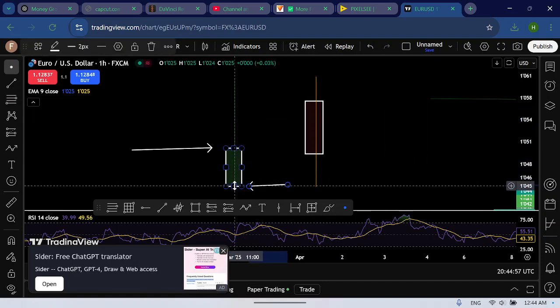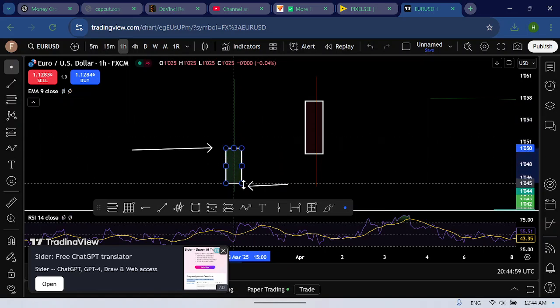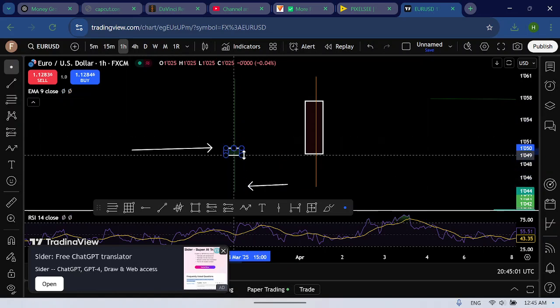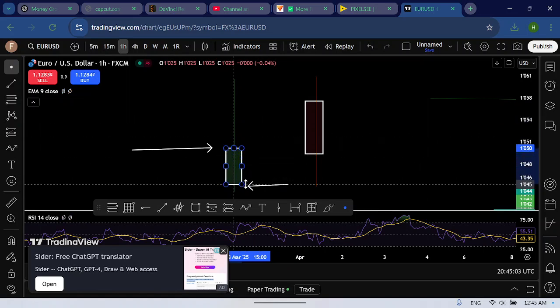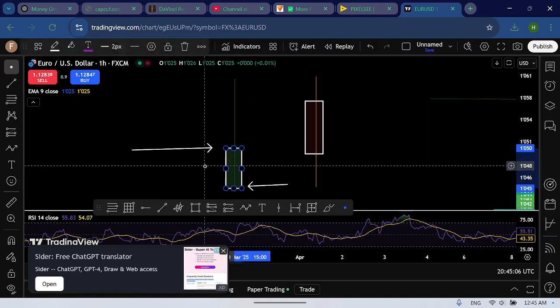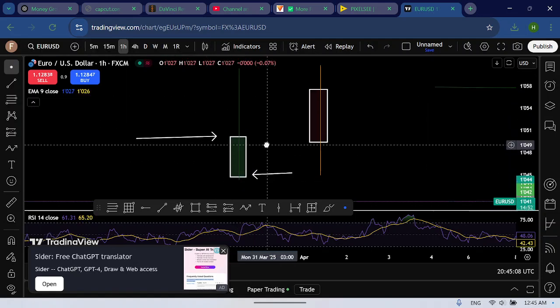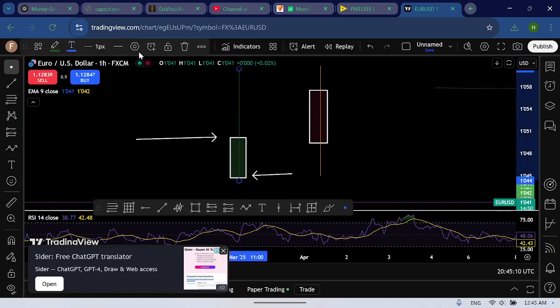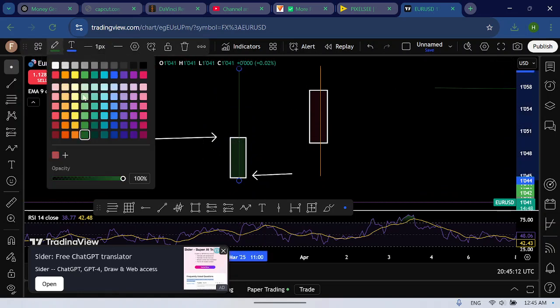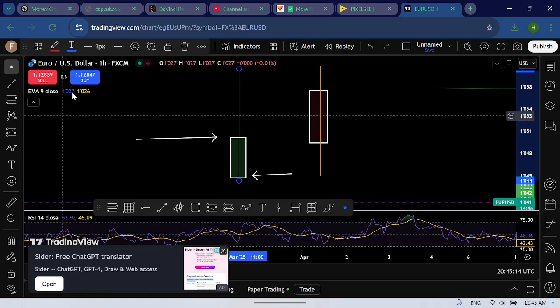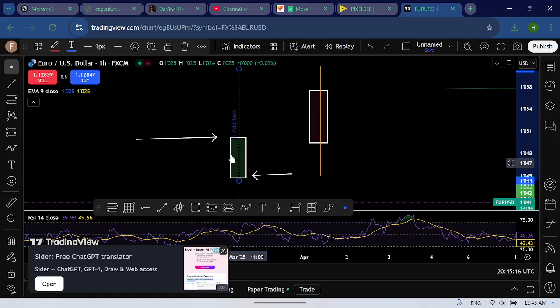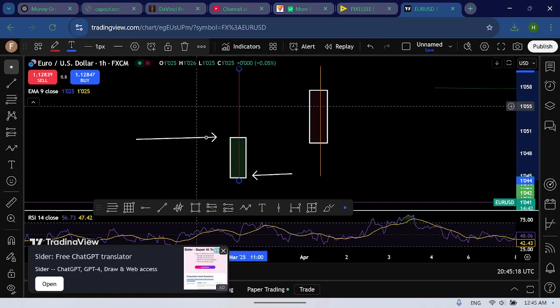It passed through the green candle's open, crossed it, and closed down. So that means it will form a red candle. You can really see it. Just open the charts and you'll see it. I'm sure of it.